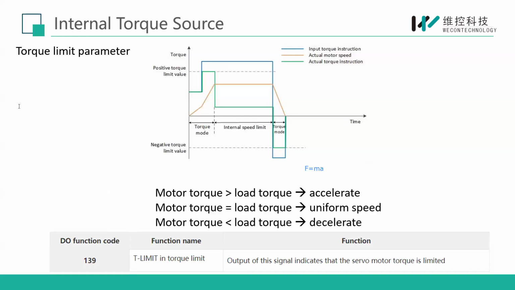Okay, so here we can see if F is bigger than 0, then the motor will always get an acceleration. So the speed will always speed up and speed up. This F is, how to say, the torque minus the friction.